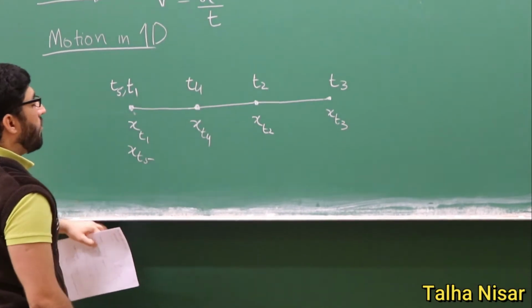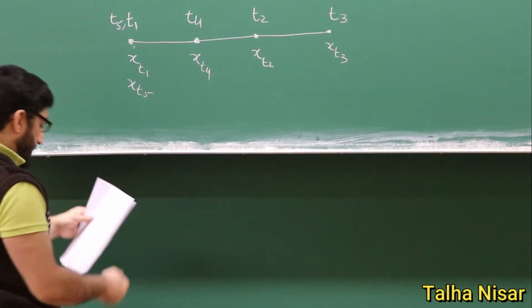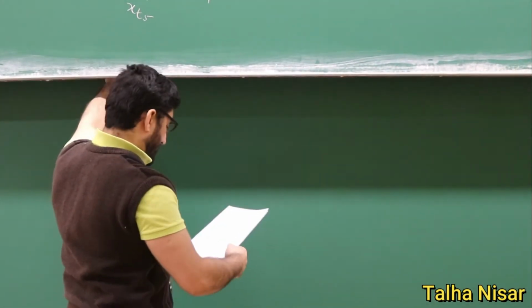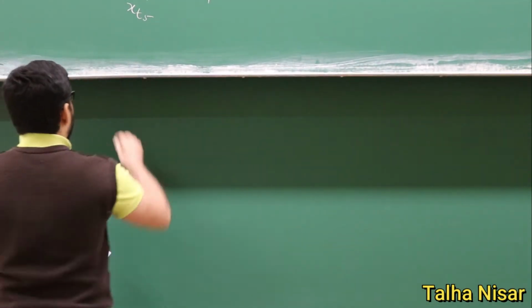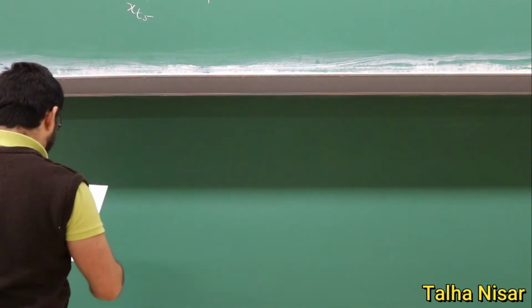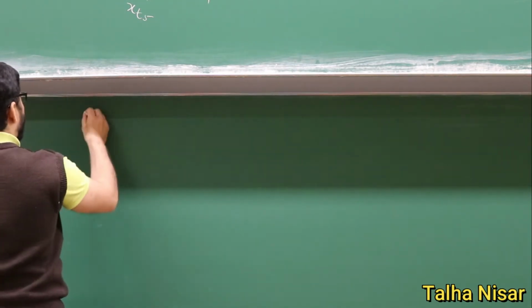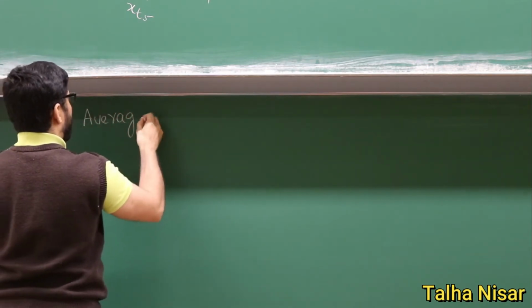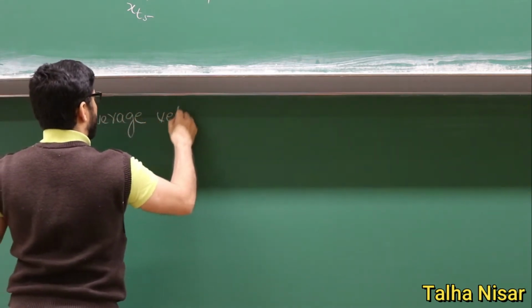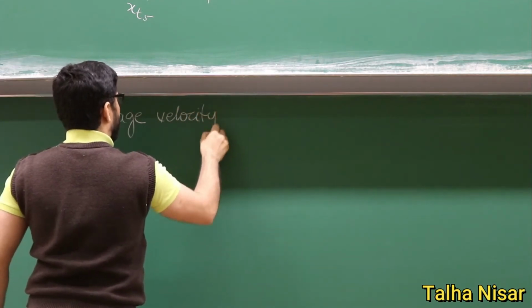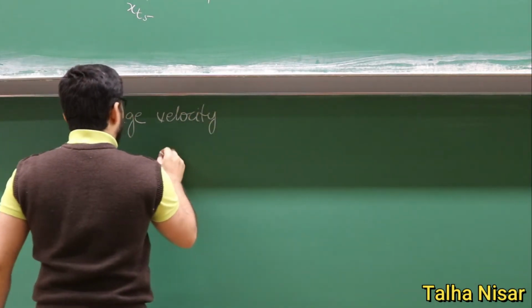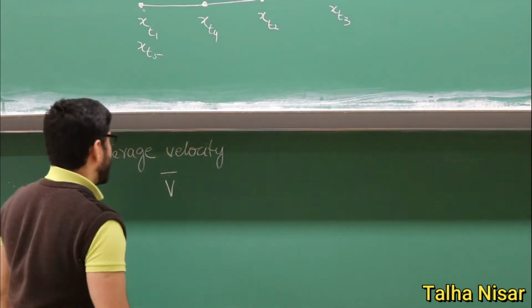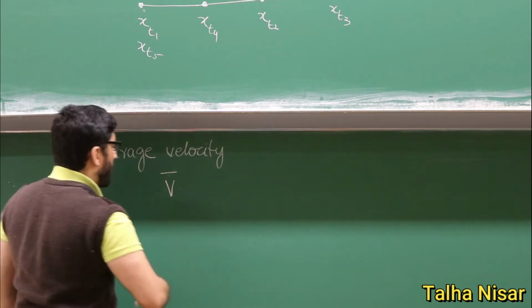And now we want to know how we can describe this in terms of the velocity. So the average velocity is represented by v, and we put a bar on it.